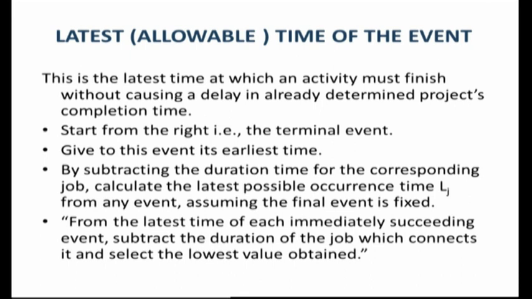Here, we might face a situation where a particular event bursts into several other events. So from the latest time of each immediately succeeding event, subtract the duration of the job which connects it and select the lowest value obtained. We can understand it mathematically more when we construct a network diagram and try to calculate all the 4 types of times.